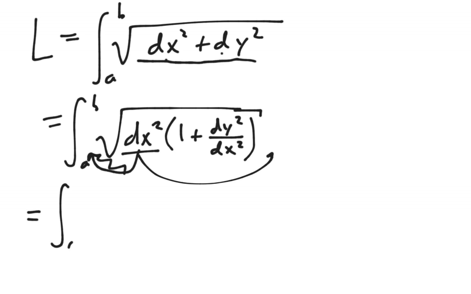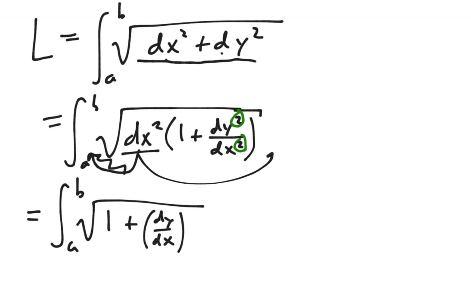Notice that I have squared and squared, so I'm going to pull the squared out of the dy and the dx, so I have dy/dx and then squared. And this dx I pulled out is outside the square root at the end.